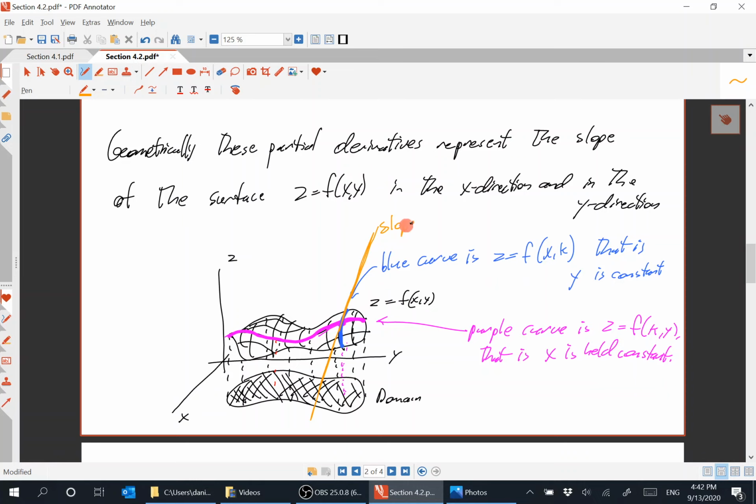So slope is equal to, well, here x is varying and y is held constant. So the slope is the partial derivative with respect to x. Let's write it like that. Right? It's the slope of the blue curve.